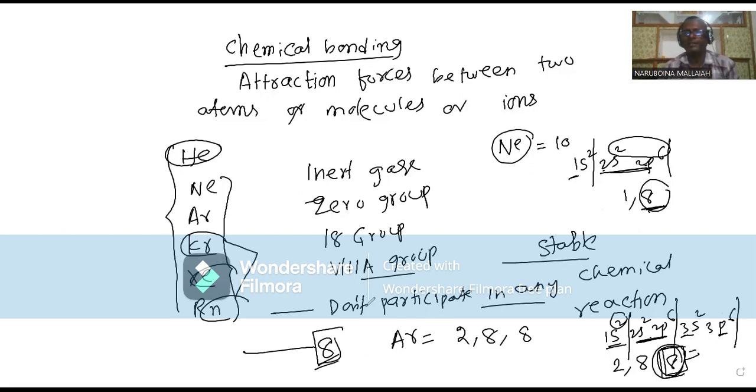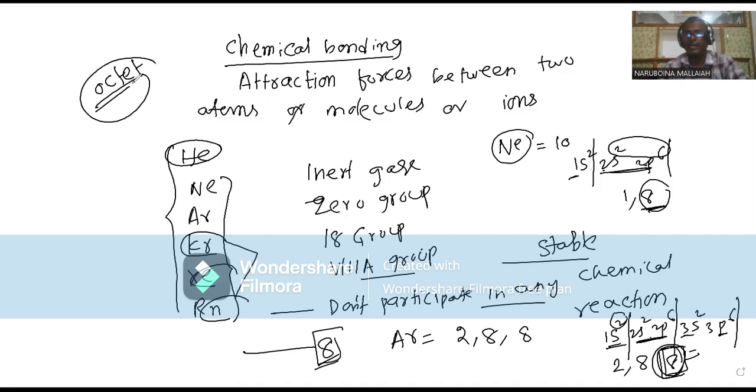This is the speciality of inert gases. So they are not participating in any chemical reactions, and they are stable. They are non-reactive. So other atoms want to be stable. For that, they try to get 8 electrons in their outermost orbit. That is called the octet rule. They want to get the octet configuration.